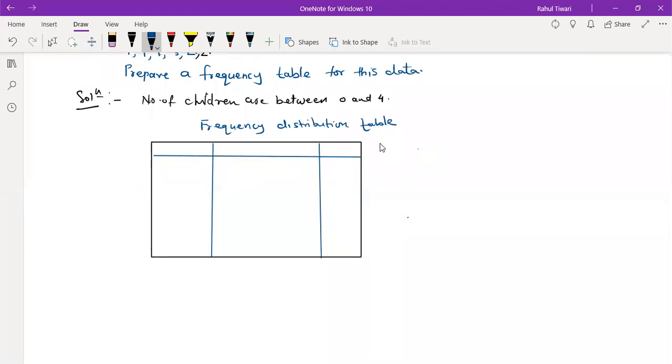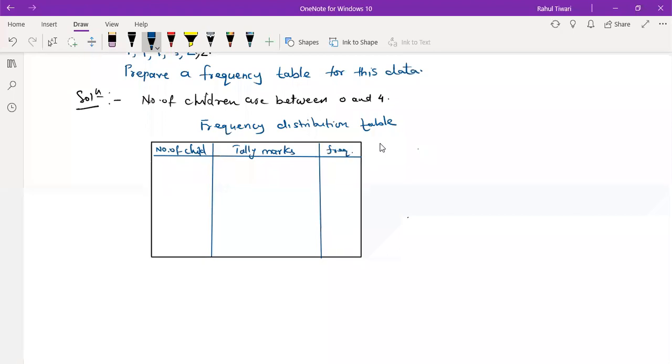So we have a data. So this is nothing but your number of children. Here we have a tally mark, and here we have a frequency. Okay.